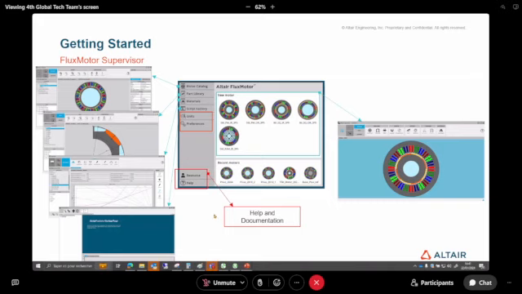So for the help, there is a PDF directly available. There are some interesting PDFs to read. There is a support, the team where I am, where we can help. If you write to us through your Altair One account, we will be happy to help you.